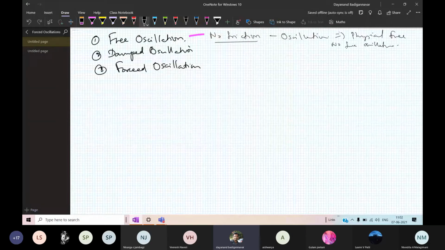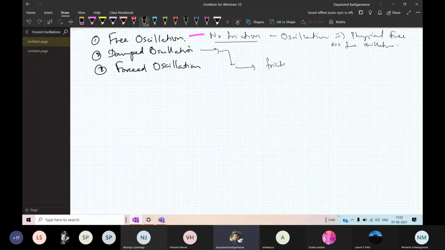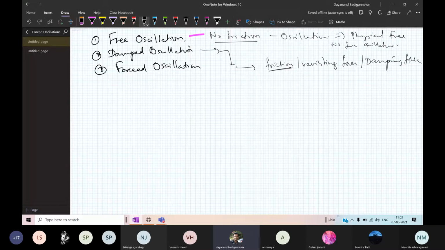But in damped oscillations, we have learned that there is some form of friction or resistance, called a resisting force or the damping force. This damping force is responsible for the dying of the oscillations. Take a simple pendulum in a lab.